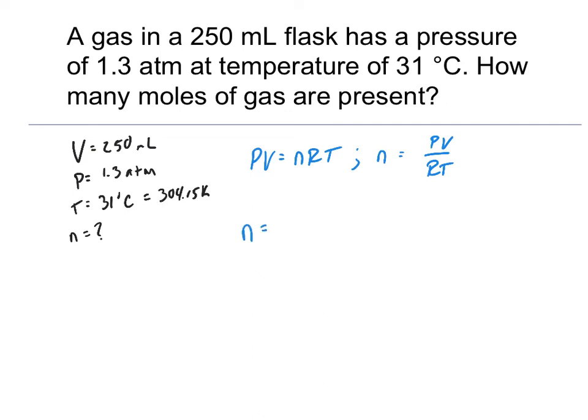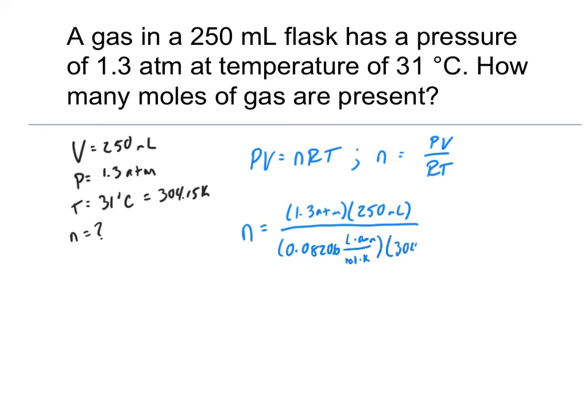And so we can simply plug in our numbers. Our pressure of 1.3 atm, our volume of 250 milliliters, the ideal gas constant, 0.08206, times our temperature. To find that we have 13 moles of the gas present.